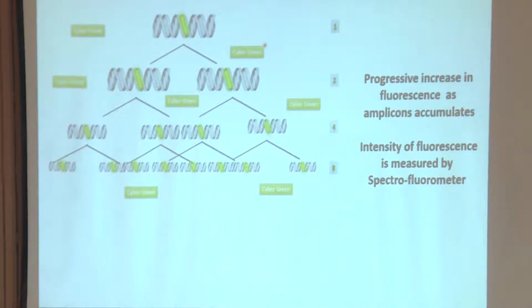The fluorescence intensity is captured by the spectrofluorometer. So, this is in a nutshell how this dye based real time PCR usually operates. So, what is the advantage here, the big advantage?